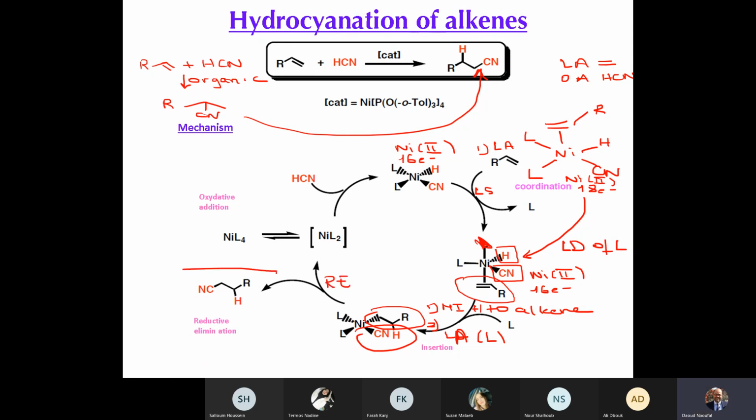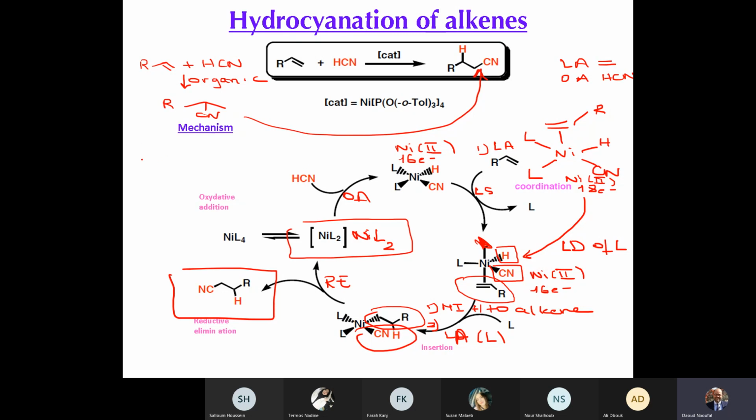By reductive elimination, we form the product we need and we regenerate NiL2. By oxidative addition, we obtain this catalyst. So the starting was NiL2 and not NiL(H)(CN). The starting is NiL2, which then undergoes oxidative addition.